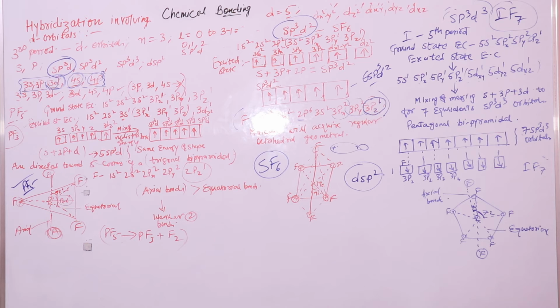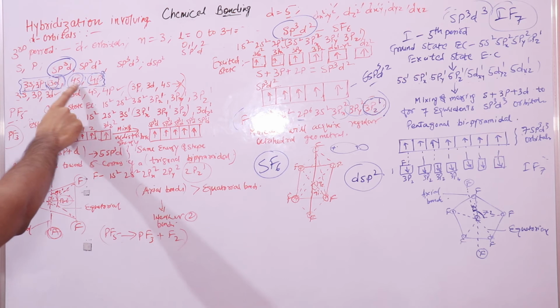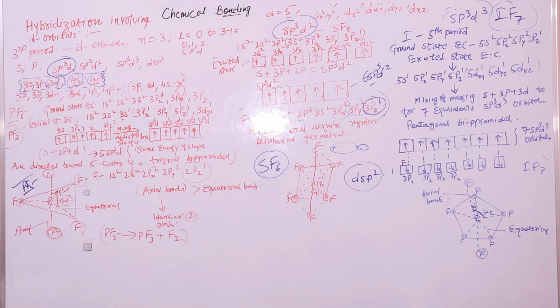The important thing is that the d orbital involved, which is dx2-y2, is of a lower quantum shell n, the quantum shell being denoted by n, and the s and p orbitals would be of a higher quantum shell with nearly the same energy, like I explained here. The 3d, 4s and 4p are of nearly the same energy, right.